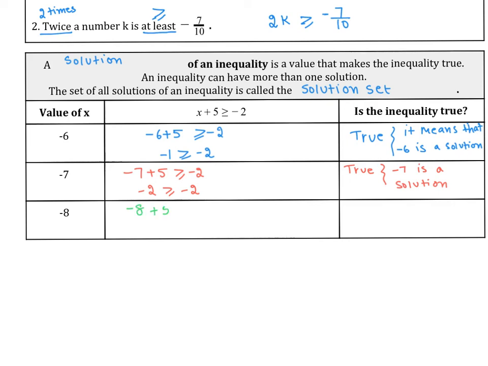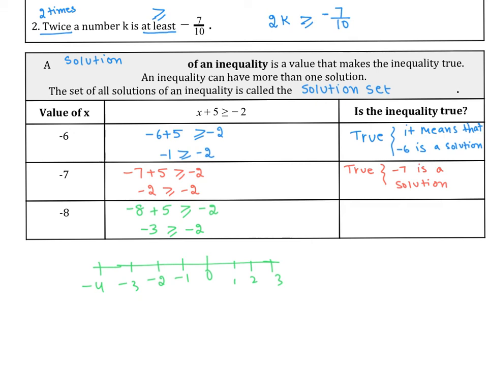Next, we check when the x value is negative 8. Negative 8 plus 5 is greater than or equal to negative 2. That's negative 3 greater than or equal to negative 2. On this number line, we have negative 1, negative 2, negative 3, negative 4, and so on.